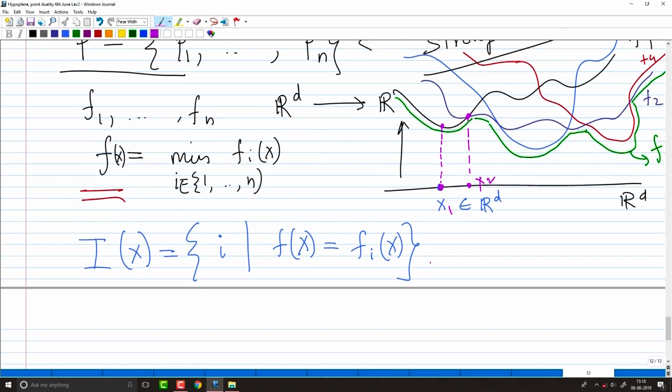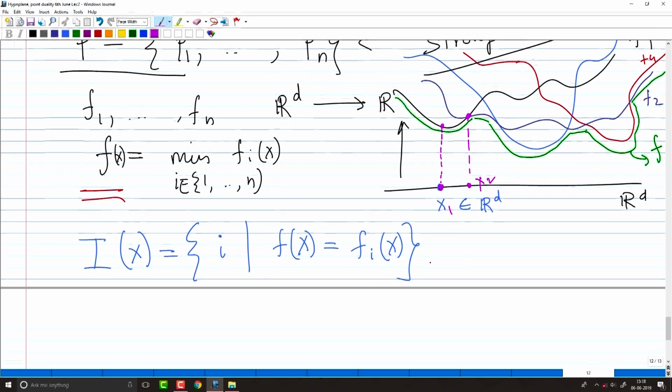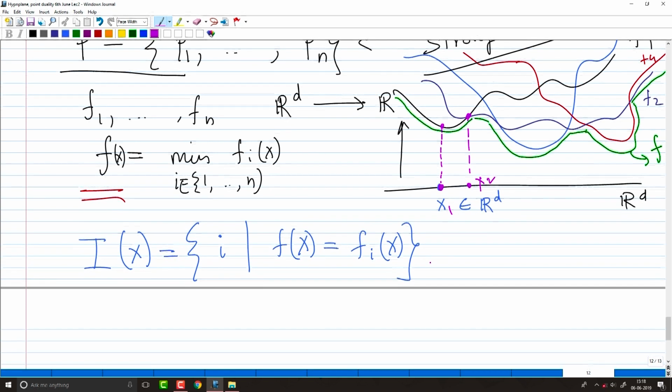The minimum value is attained by many functions at that point. So, the index set will be that big. These things are called the lower envelope of the fi's.